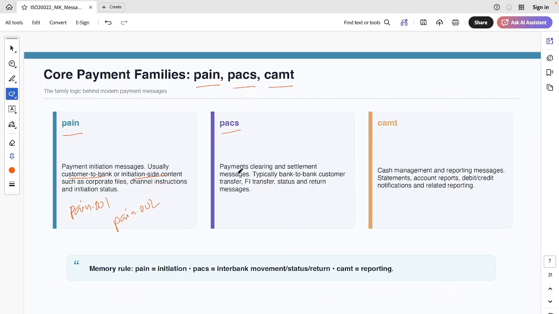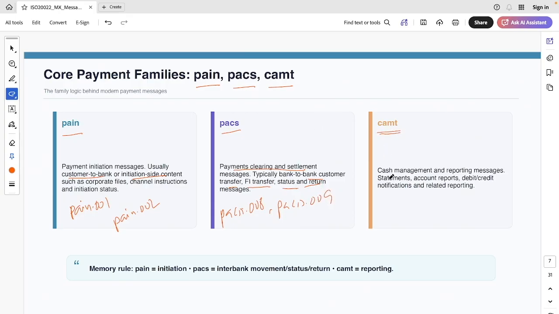PACS stands for your payments clearing and settlement. These messages are used between financial institutions and market infrastructure. They include the customer credit transfers, your financial institution transfers, status messages, returns. Okay, PACS.008 and PACS.009 are major examples.